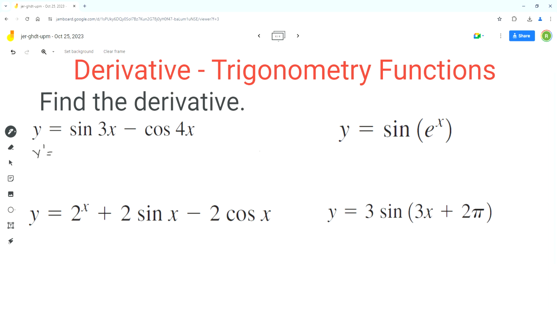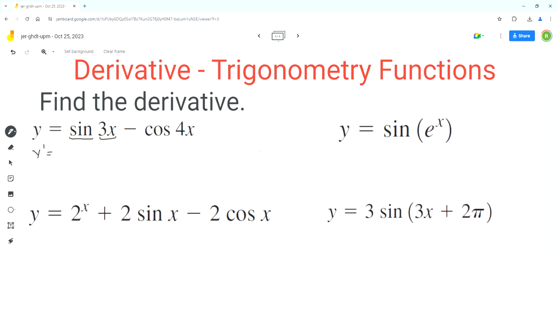So y prime equals, now the derivative of sine 3x can be found using the chain rule because this term has an outer function which is the trig function sine and the inner function is 3x, the polynomial function. So we'll start with the derivative of the outer function as per the chain rule.